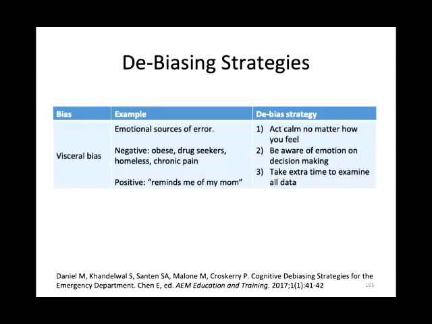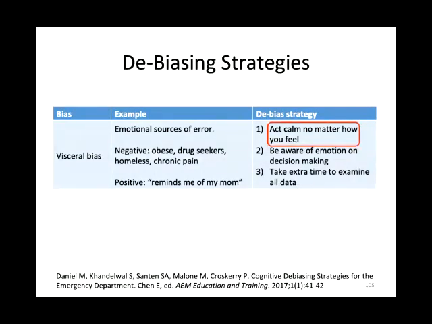And then the visceral bias or affective, this is an emotional component. So if you have a patient population that you might not be entirely happy to provide care for, this can influence your decision making. If your feelings are positive, like maybe this patient reminds me of my mom or reminds me of my dad, you might go a little over or a little extra.